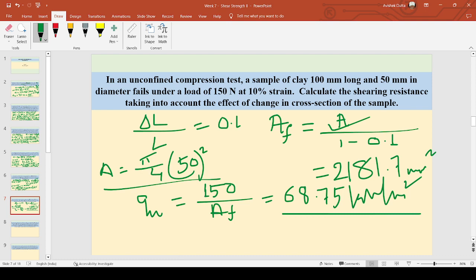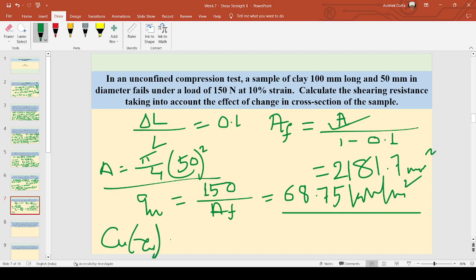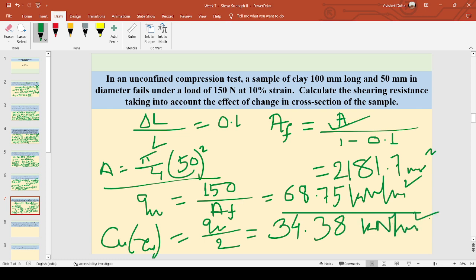Now in the unconfined compression test, the shear strength, that is the undrained cohesion or shear strength, is equal to, as I discussed in the previous session, Qu by 2, which is approximately 34.38 kilonewton per meter square.